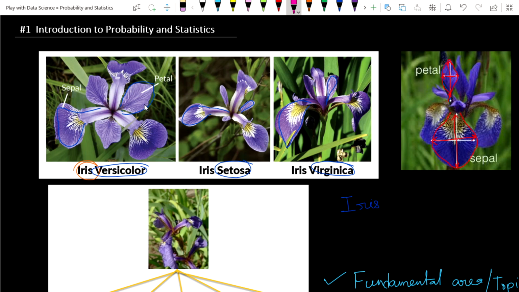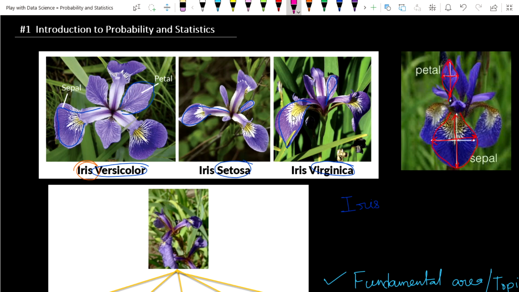So if they are similar, then sometimes we may be confused about which flower it is. Just look at these two flowers, versicolor and virginica. The size of the petals and also the sepals look similar, so to classify these two flowers, sometimes we may be confused.